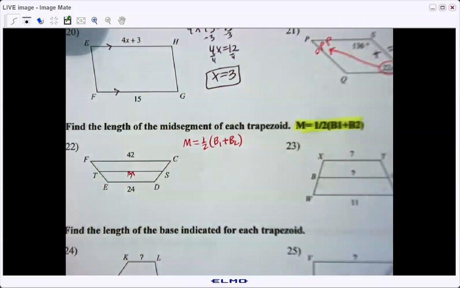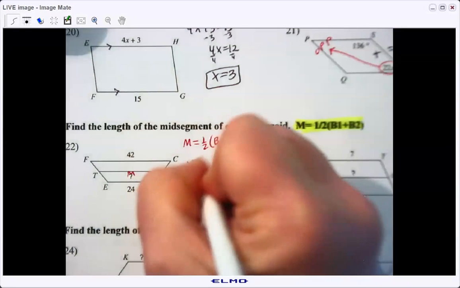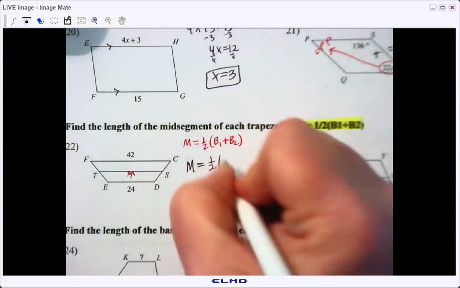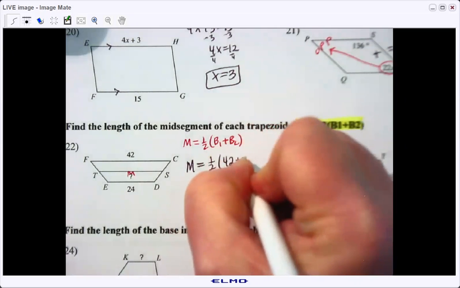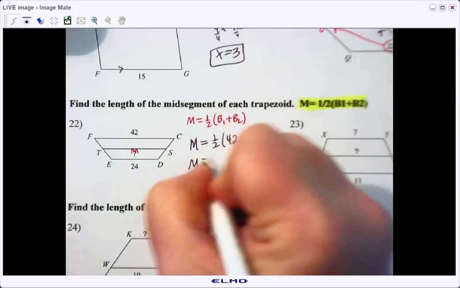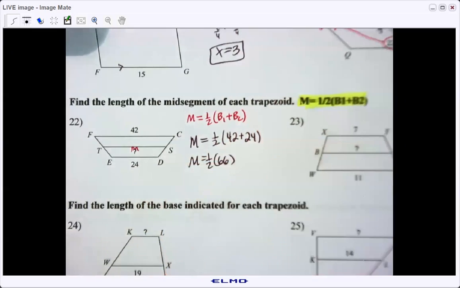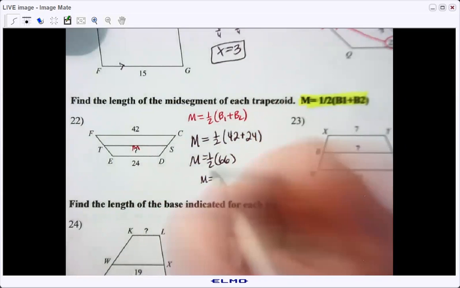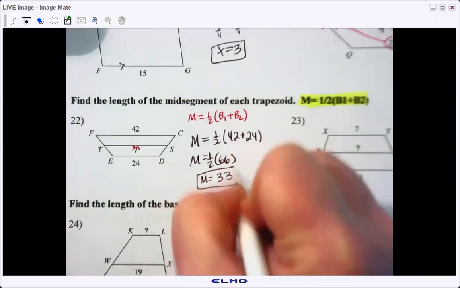If we fill in those numbers, M is equal to 1/2. What's my B1 and B2? 42 and 24. It really doesn't matter which one you put first because we're just adding them together. So M is equal to 1/2 of 66. What's half of 66? 33. And you're done.